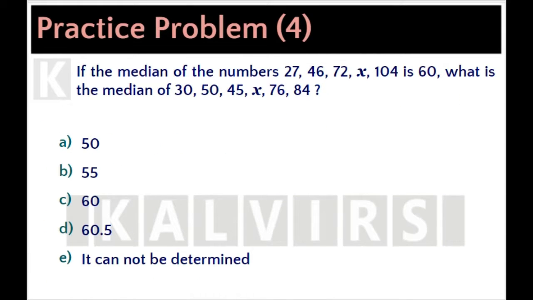If the median of the numbers 27, 46, 72, x, and 104 is 60, what is the median of 30, 50, 45, x, 76, and 84? Now, first of all, since set 1 has an odd number of members, then x must be equal to the median.